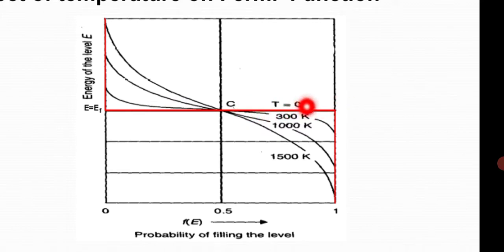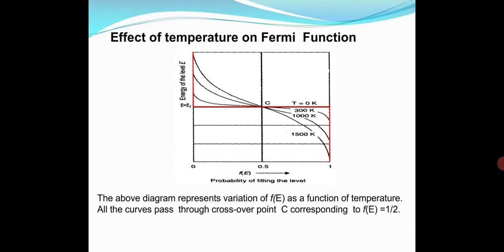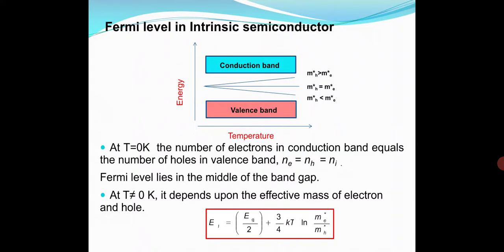But as we raise the temperature, the probability changes. At 0.5 it is the center of gravity. As the temperature rises, the probability of finding an electron in the upper band rises, so it goes towards 1. Okay, got this?